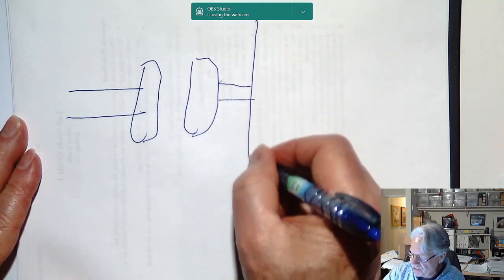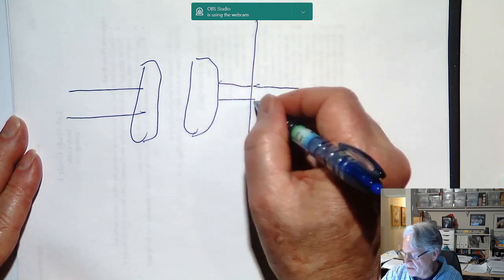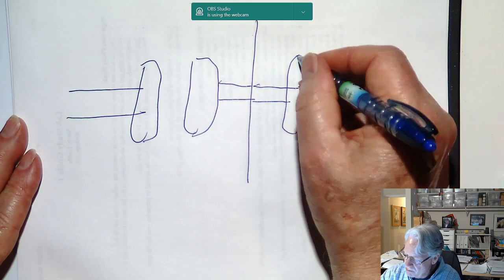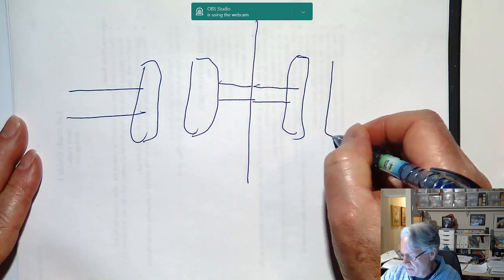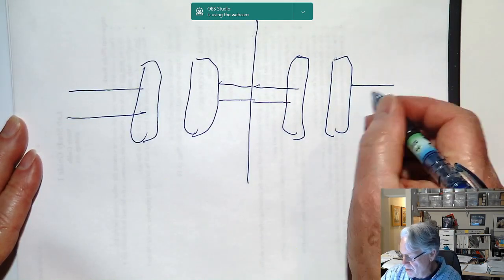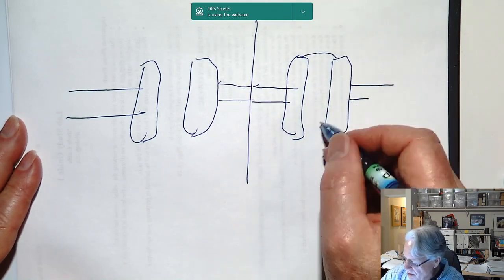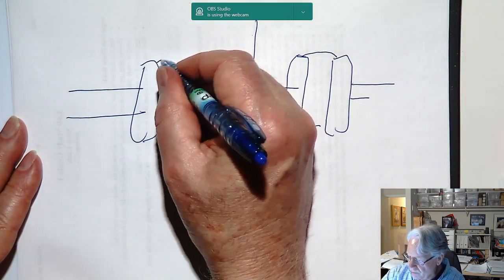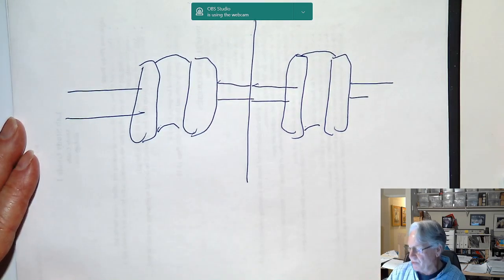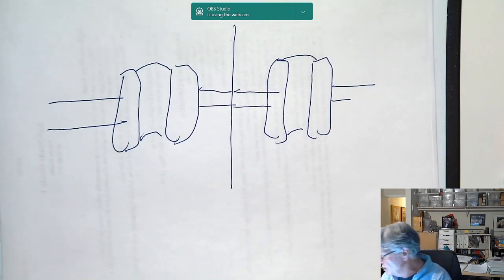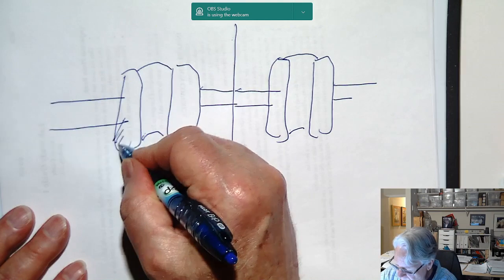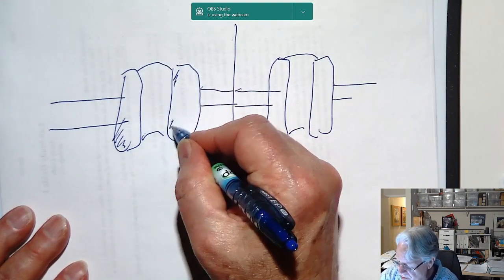That's the first scenario, and the second scenario is over here. We've got these channels, and let's give this some shape.